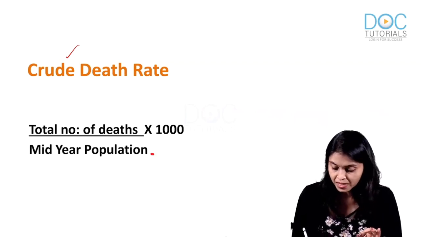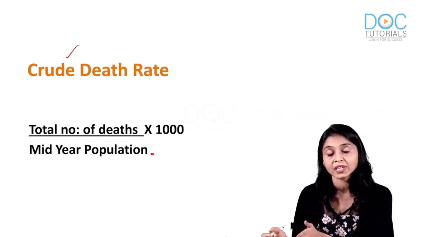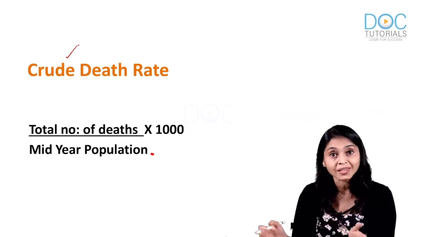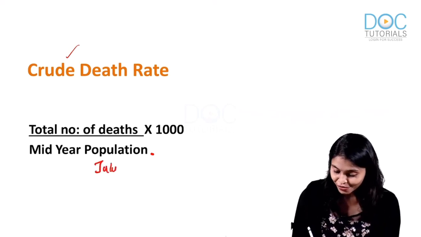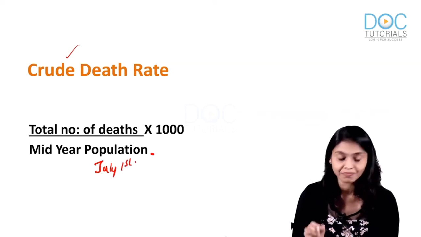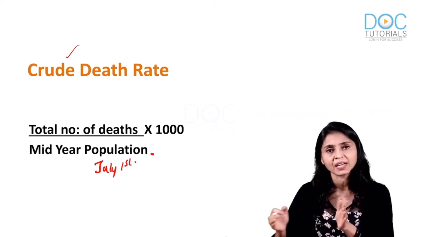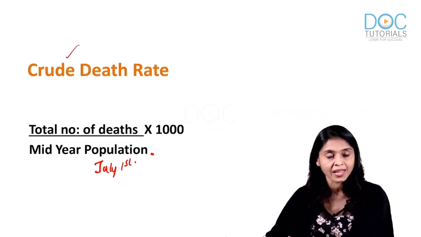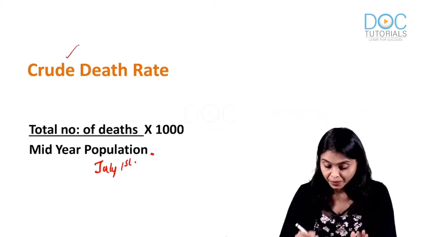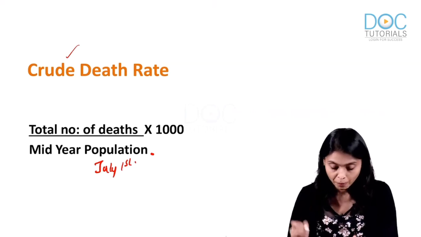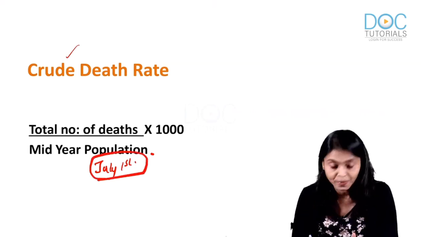Mid-year population means the number of people in the middle of a year, which is July 1st. That means total number of people in a country in the middle of the year. By the way, mid-year population being July 1st is also an MCQ.